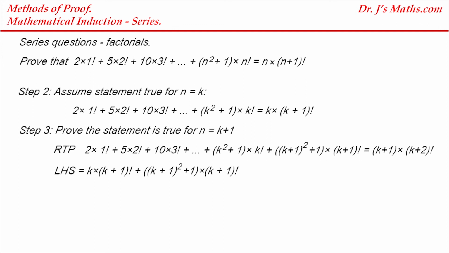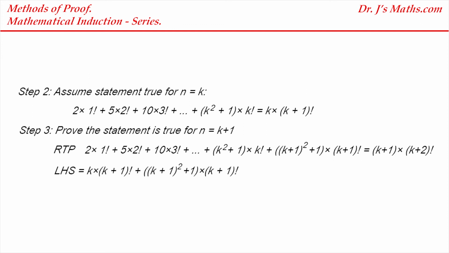Left-hand side equals k times (k plus 1) factorial, which is just taking the statement assumed in step 2, plus our (k plus 1) squared, etc. Now we've got a (k plus 1) factorial in both of those terms, so we can take that out, and we're left with a (k plus 1) squared plus 1, which is going to give a k squared plus 2k plus 1 from the second term, plus another k from the first term, which is a k squared plus 3k plus 2.